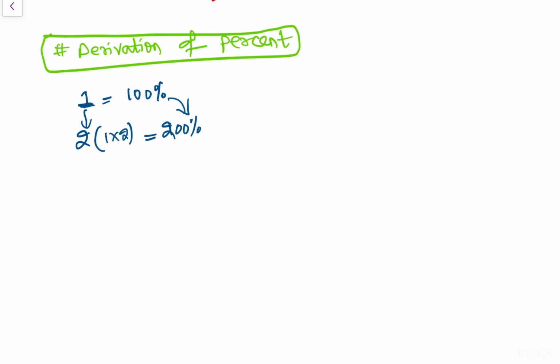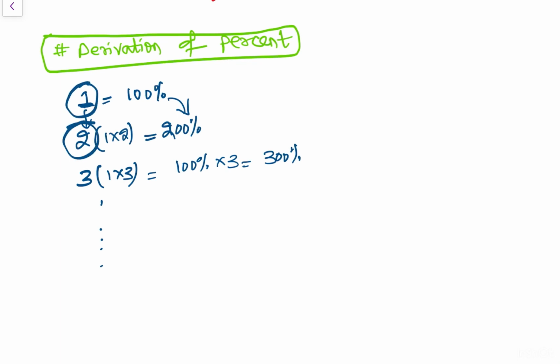See, in the first class of percentage we also dealt with this: say 3 is 1 into 3, and we can write it as 100% into 3, that is 300%. Okay. Similarly for any number, if 1 is equal to 100%, then we can assume that 8 would be 800%. Say 1 by 2. See, 1 is 100%, so 1 by 2 कितना होगा?